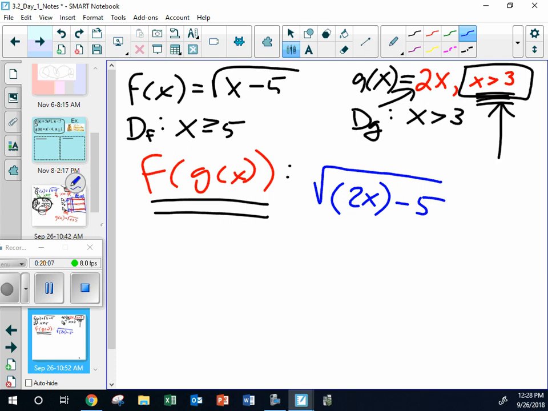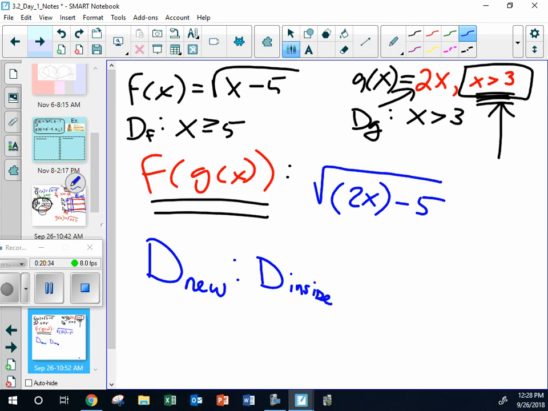Okay? So this formula I'm about to give you finds the domain of your new function. The domain of the new function will be the domain of the inside function. Do you get that? It depends.